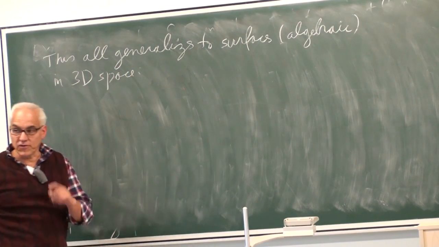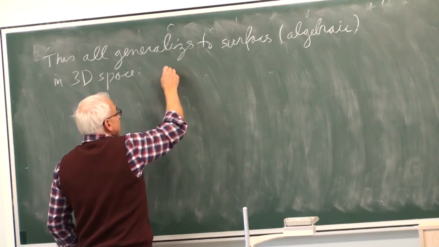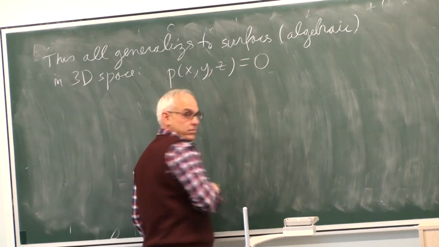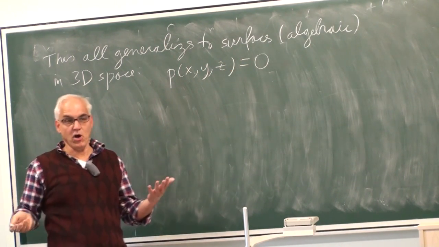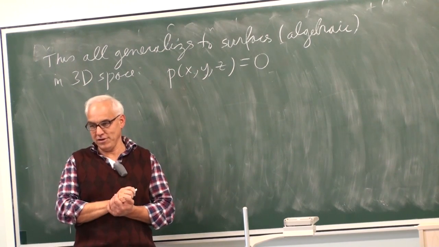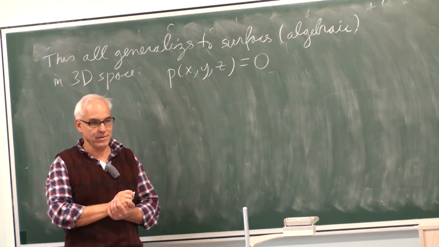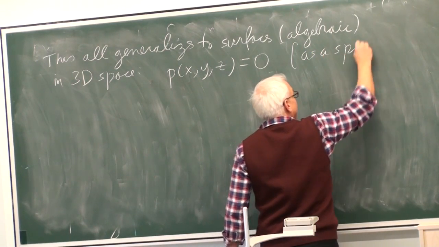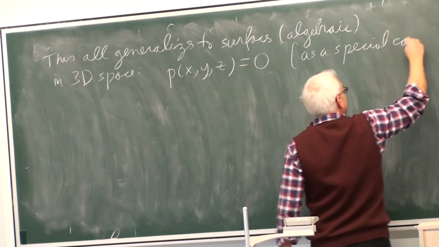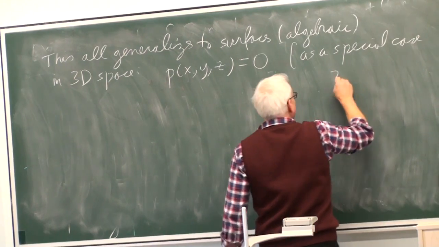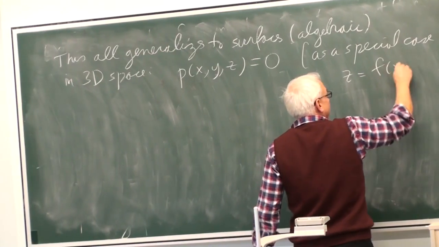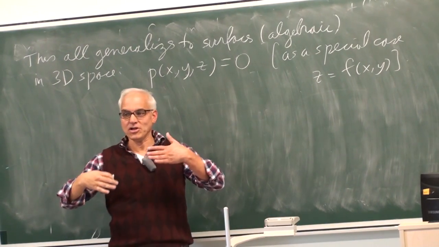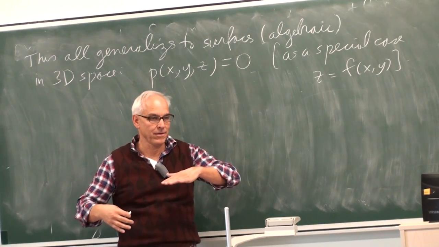So we're talking about surfaces of the kind P of x, y, z equals 0, where P is a polynomial of x, y, and z, which includes as a special case the case z equals f of x, y, which is a familiar surface as a graph.